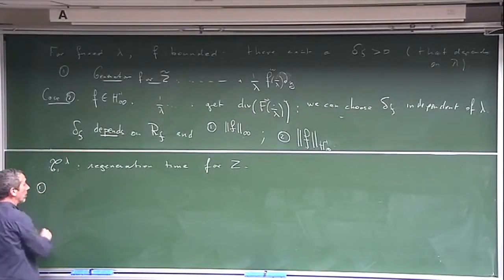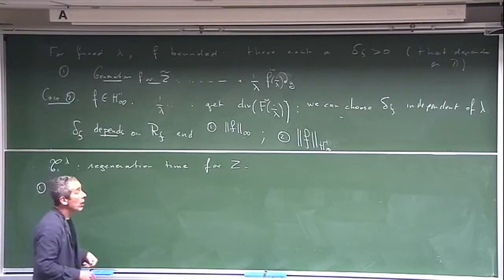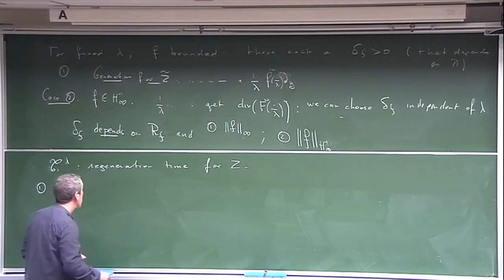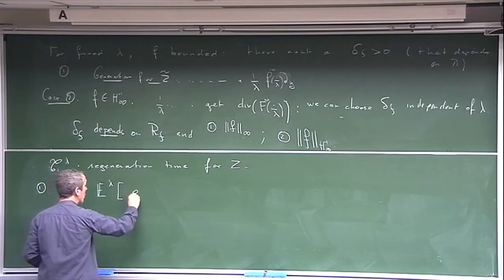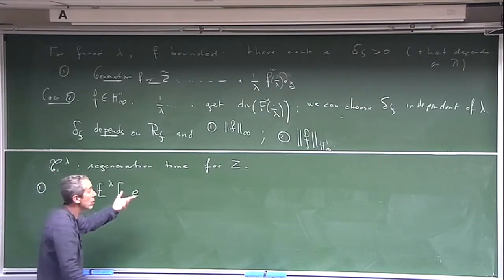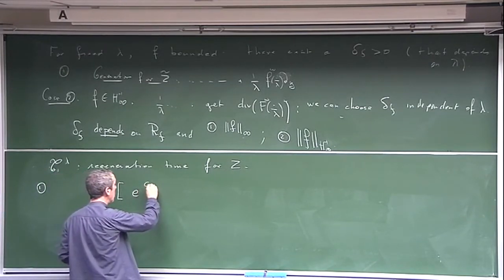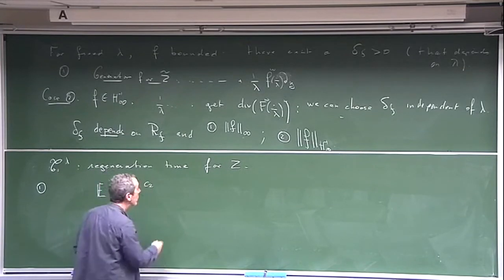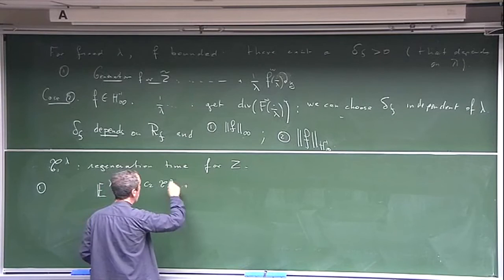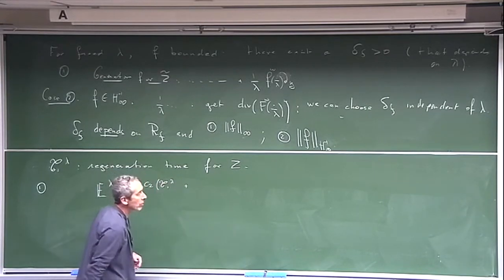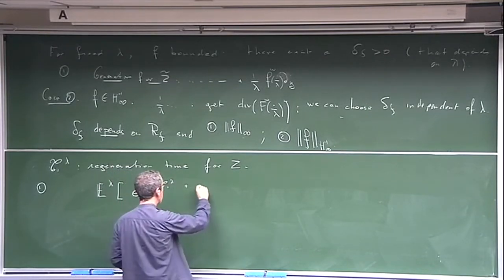So case 1 will be the case in which we have constants so that we have exponential moments. So we can look at exponential moments of tau 1 lambda. Let's say put a C2 to tau 1 lambda. And we can also get some control on the fluctuation of the path.